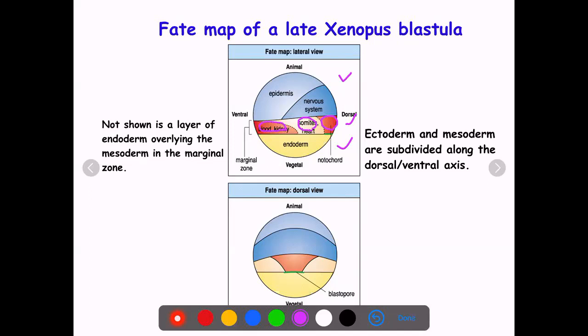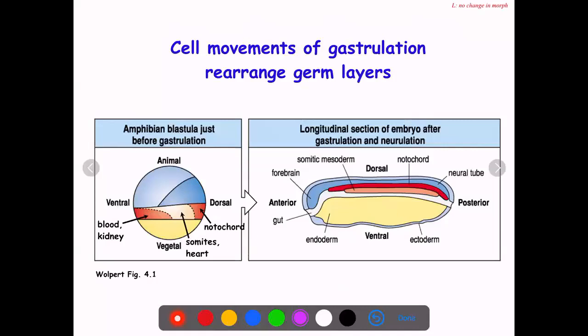Also, the ectodermal cells have a pattern: the ventral side is epidermis, and the dorsal side is the nervous system. That is the kind of patterning really going on in Xenopus.